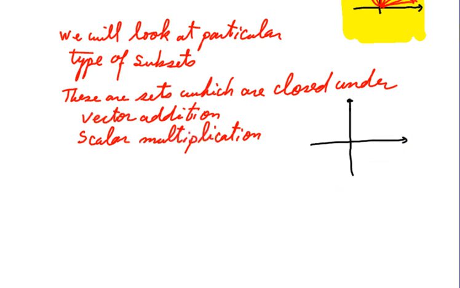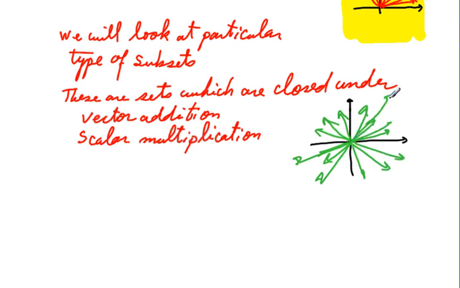This original set, which is containing all the vectors in it, that entire set of vectors, is itself one such thing. The set of all vectors, of course, is closed under vector addition.